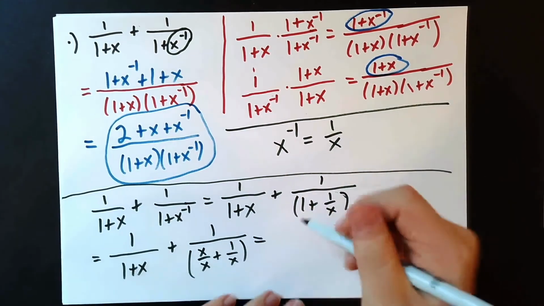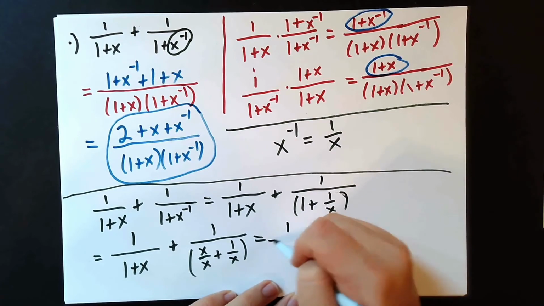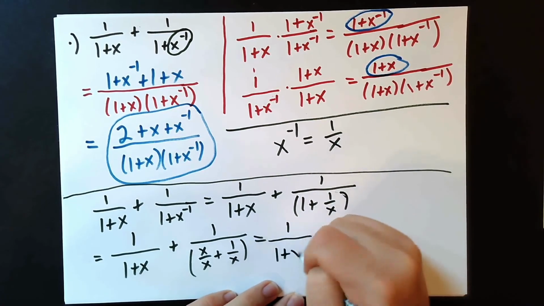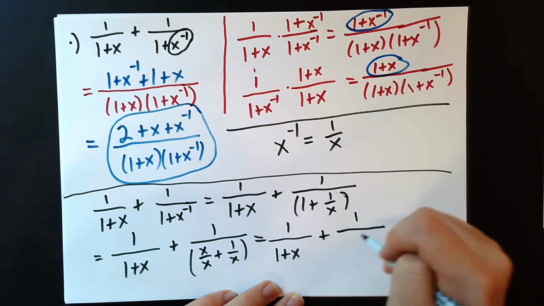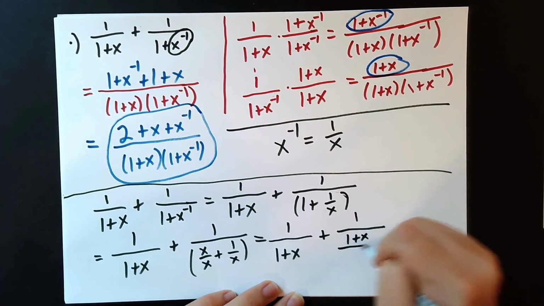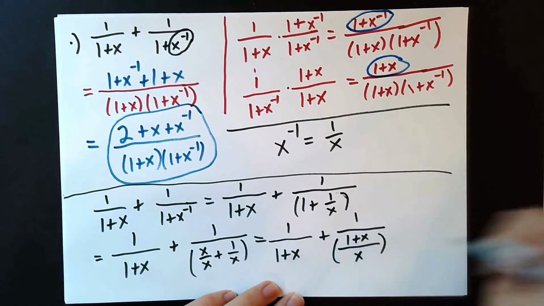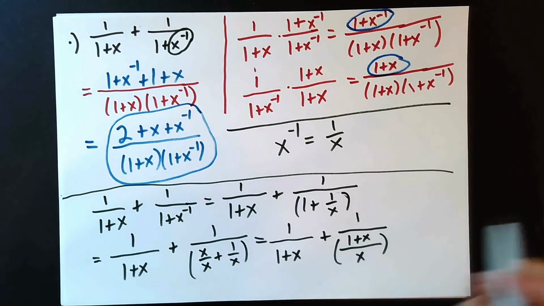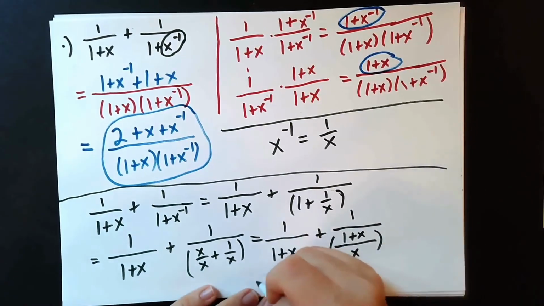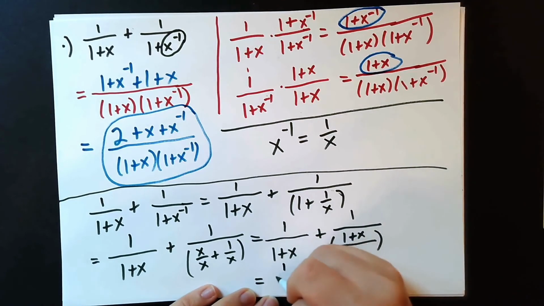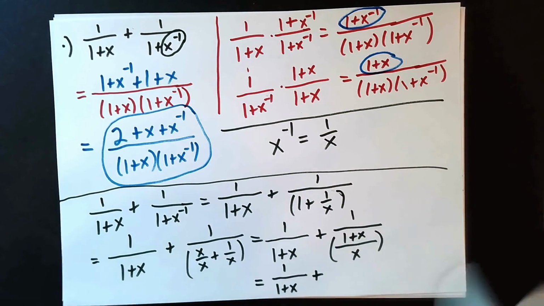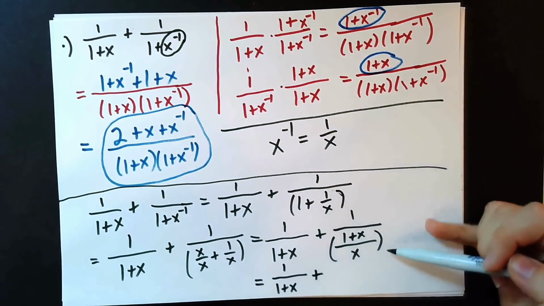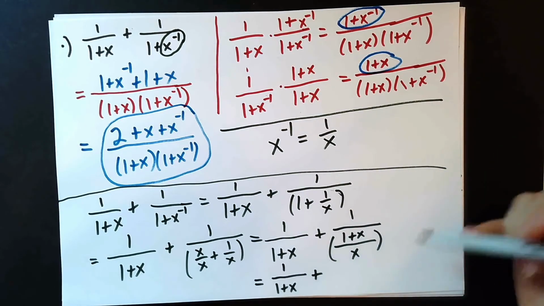And so this is going to be 1 over 1 plus x plus 1 over 1 plus x divided by x. And so, if I continue this, this is going to be 1 over 1 plus x plus, and remember, when you divide by a fraction, it's the same as multiplying by the reciprocal.